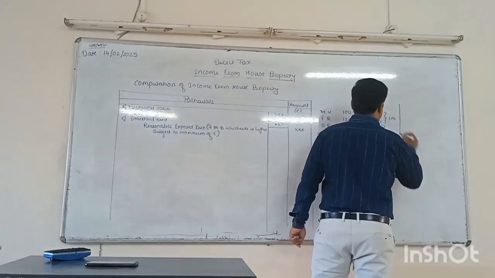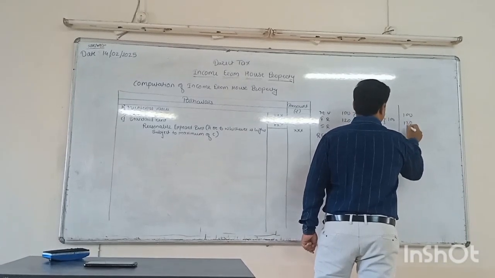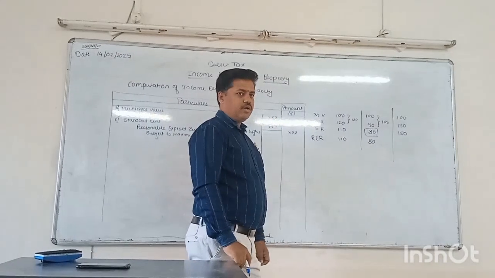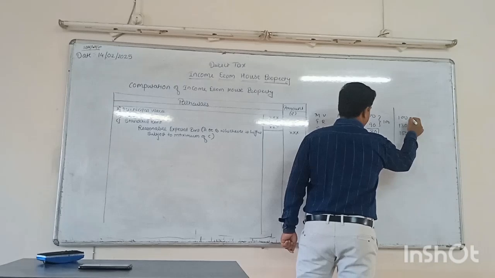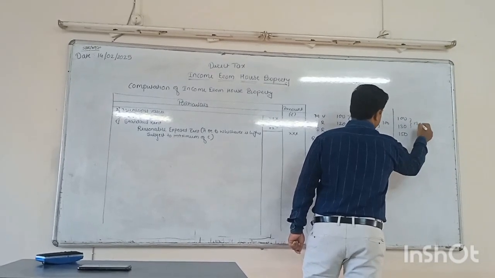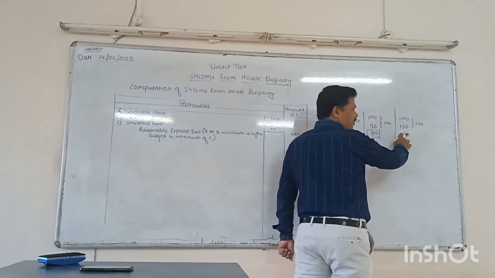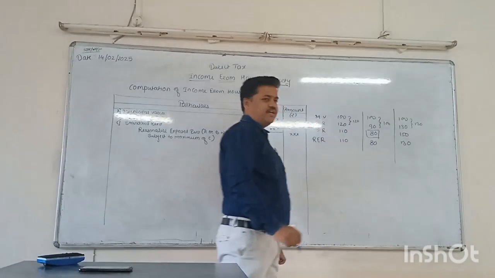Third condition, if municipal value is 100, fair rent is 130 and standard rent is 150. Municipal value or fair rent, whichever is higher, fair rent is higher, 130. Up to the extent of standard rent, which is 150. So we can take reasonable expected rent as 130.